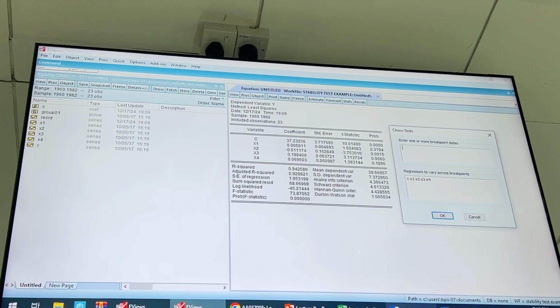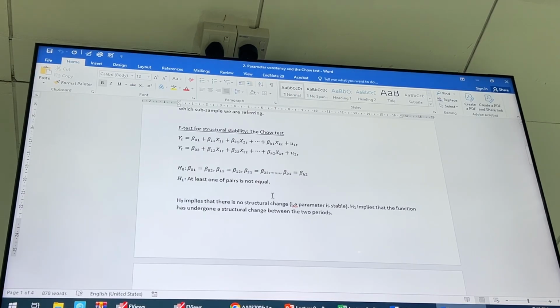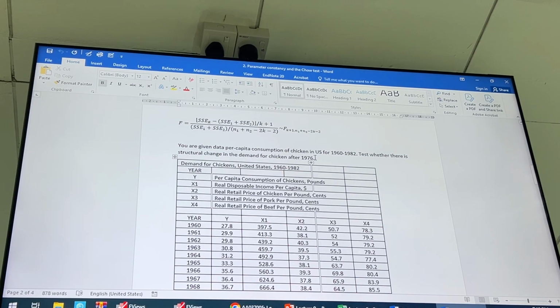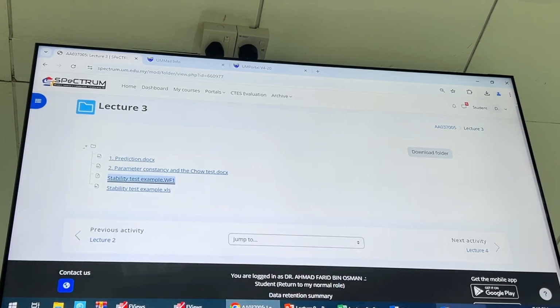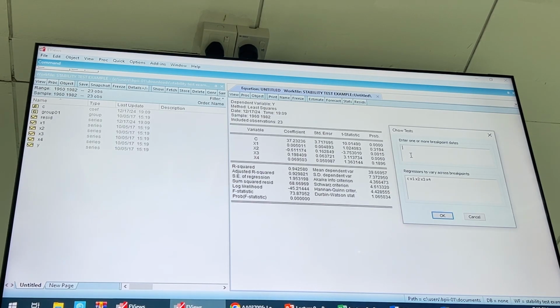So the second period starts from 1977, after 1976, so your breakpoint date is 1977, the first point of the second subsample.